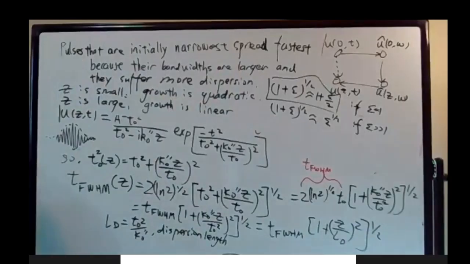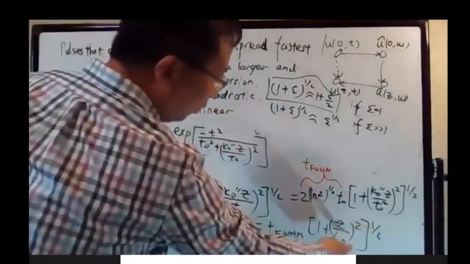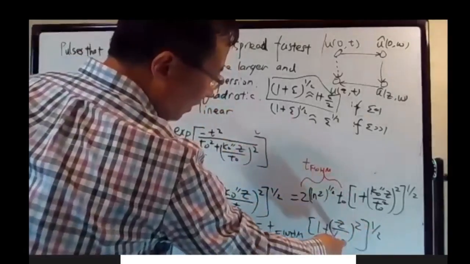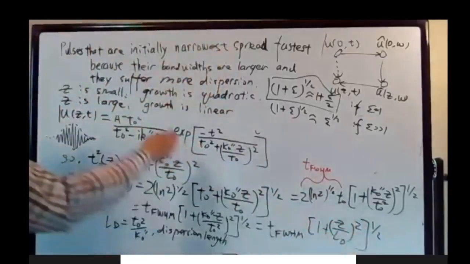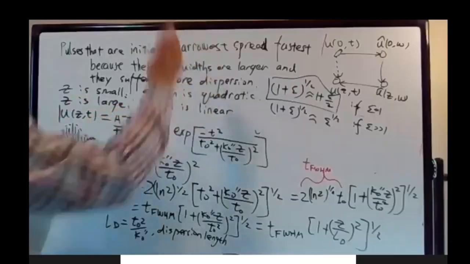So we have two different regions. At the beginning, growth is quadratic because it's Z squared over LD squared over 2. And then when Z is large, growth is linear.